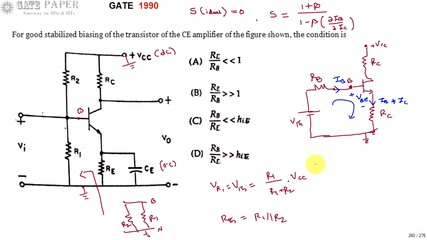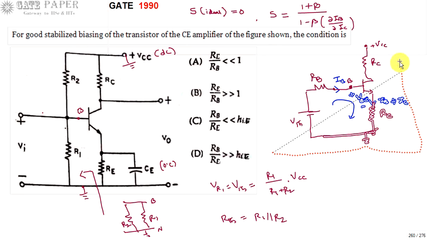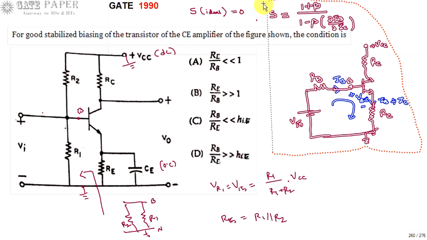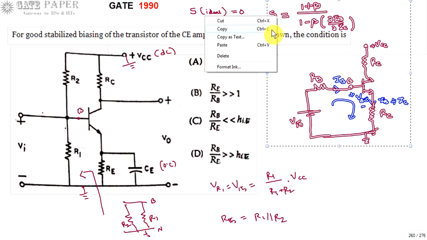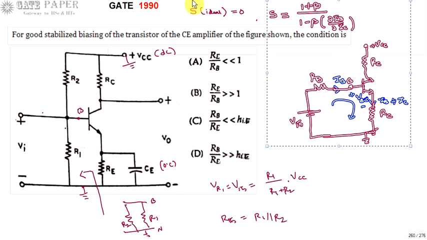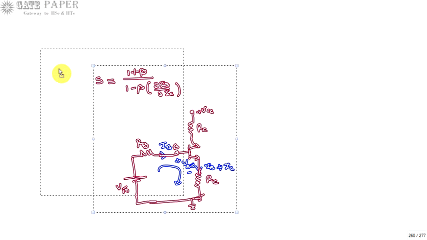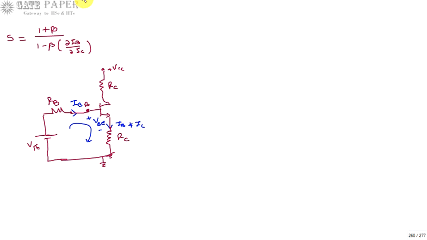So write KVL, differentiate with respect to IC, then substitute it in the S equation. Look at this one. This is the equation we are interested in.